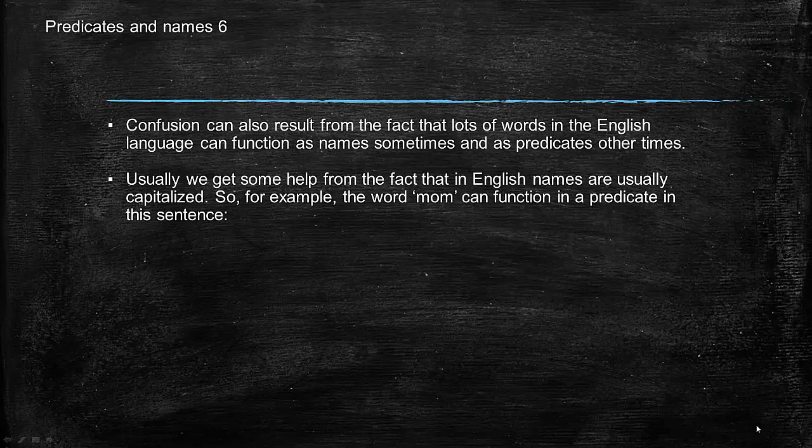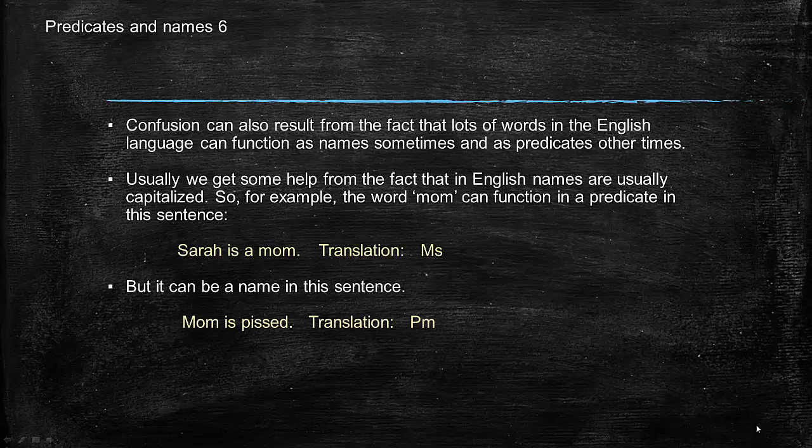But sometimes we'll say your mom, and if we talk about moms as a category, then of course it gets treated like a predicate. So Sarah is a mom treats mom as a predicate, and so we would translate that as capital M, little s. But if we say Mom's pissed, then we're using Mom as a name, and now pissed is a predicate and Mom is a name.